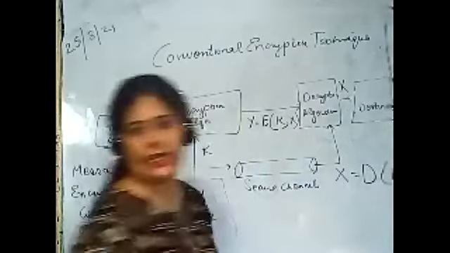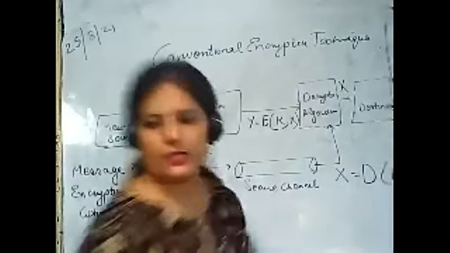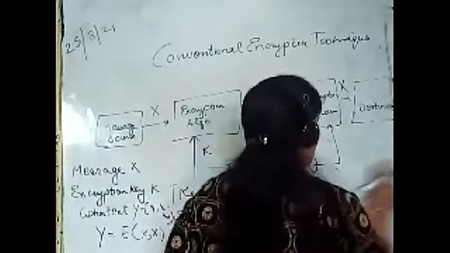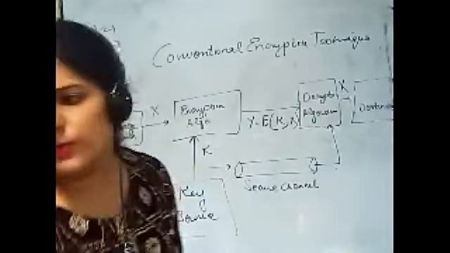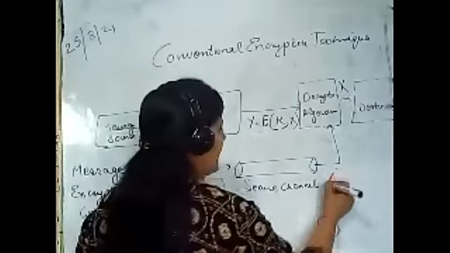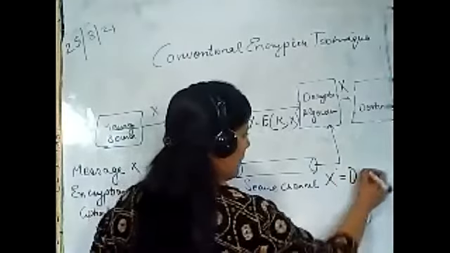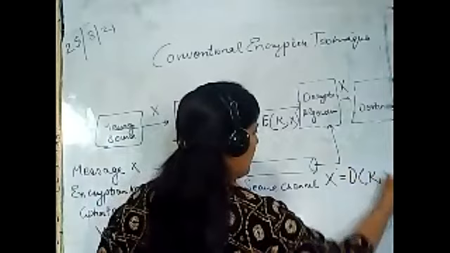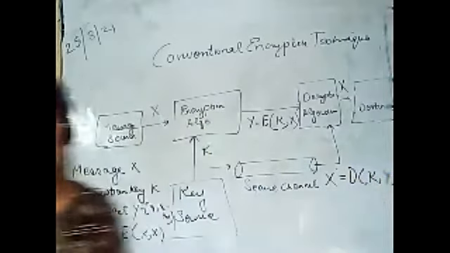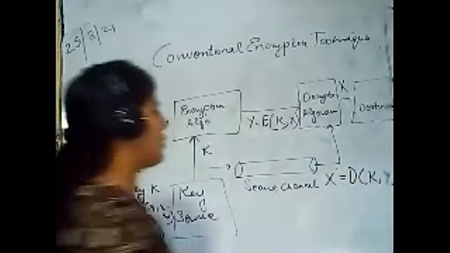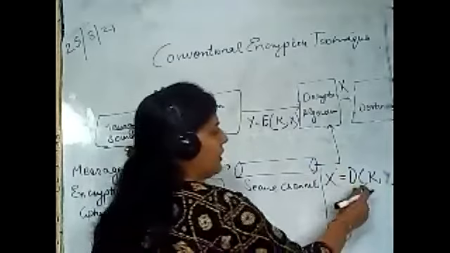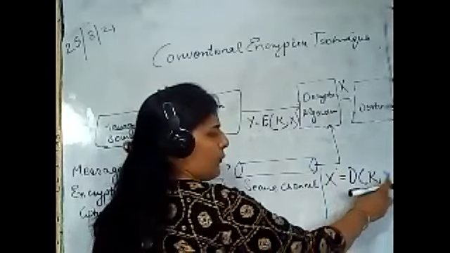Let me write it again. We get this message, that is x equals D(k, y). So x equals the decryption of y.